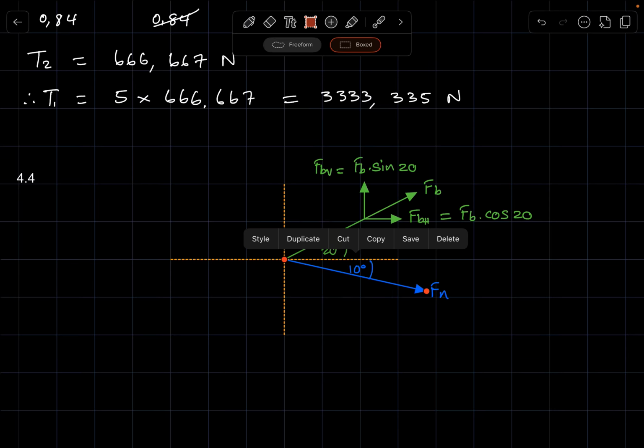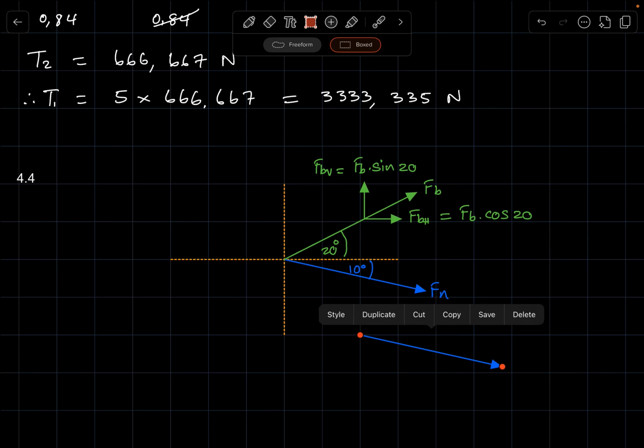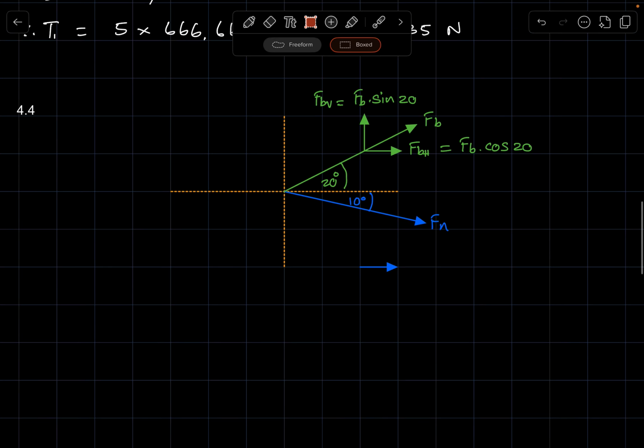Now we do the same thing with the normal force. With the normal force, you have the horizontal component, and then you have the vertical component heading downward.